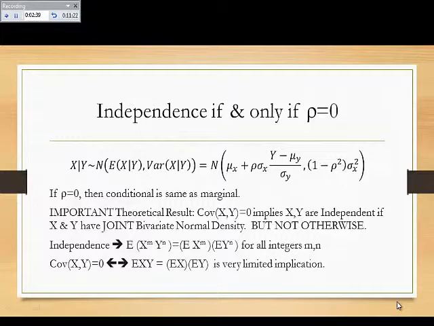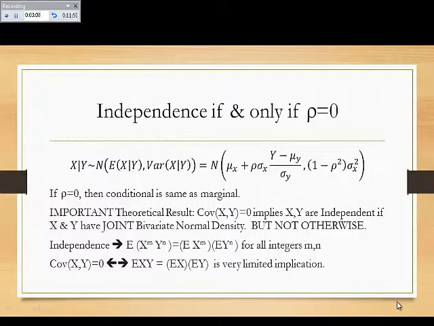In fact, what independence means is that the expected value of x to the m, y to the n is equal to the product of the mth moment of x and the nth moment of y, the product of the separate moments, for all integers m and n. This is a very strong requirement. Expected value of xy equals ex, ey is just one of these infinitely many conditions.